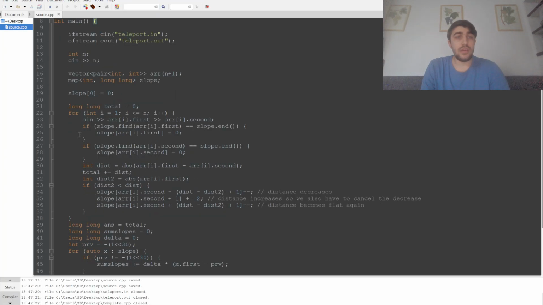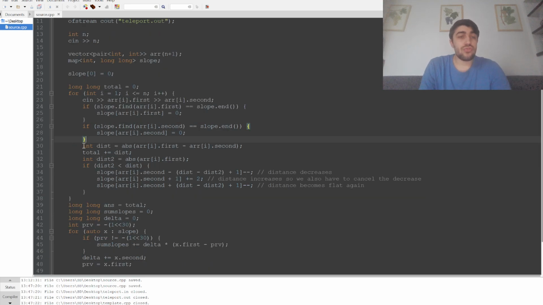So as you can see, I read each of the pairs, and I added here the relevant points. I want to add everything, even the points which are not necessarily places where the slope changes, just to check them all. Here is the usual distance if we don't use teleporters, and I keep it in a total distance because basically I want to find something where the sum of decreases is as high as possible so that I would get to an optimum position.